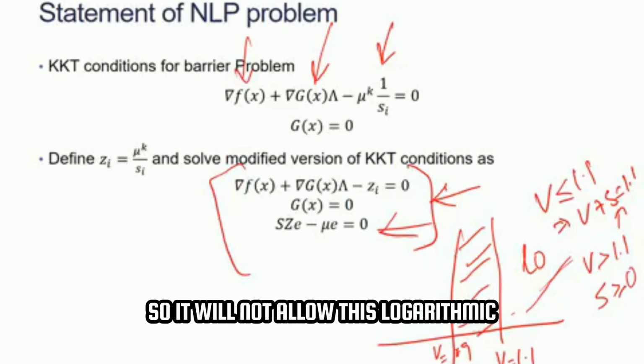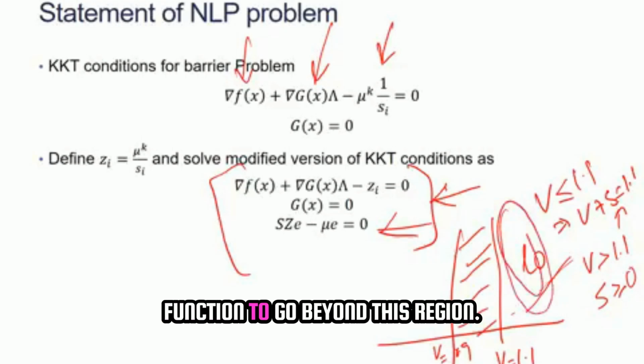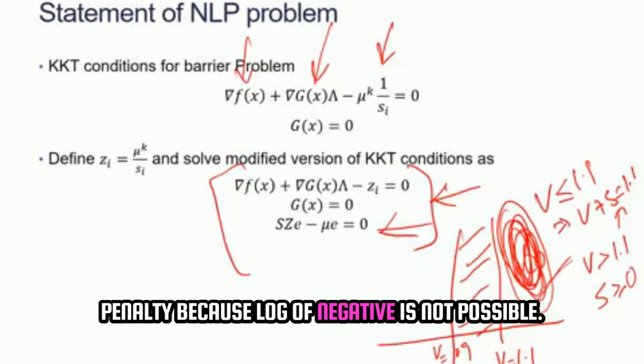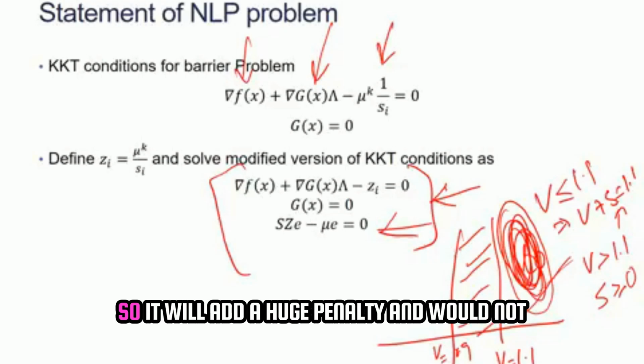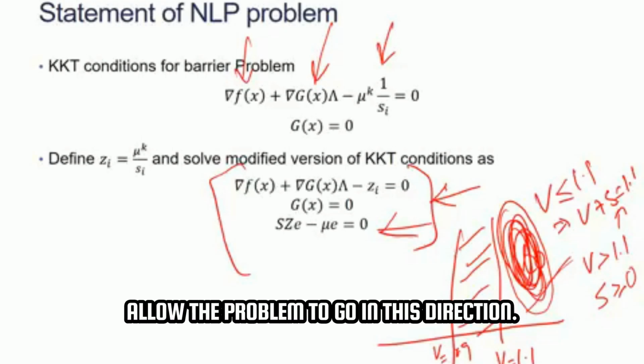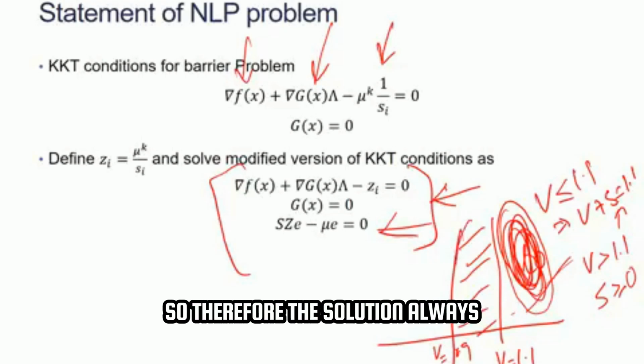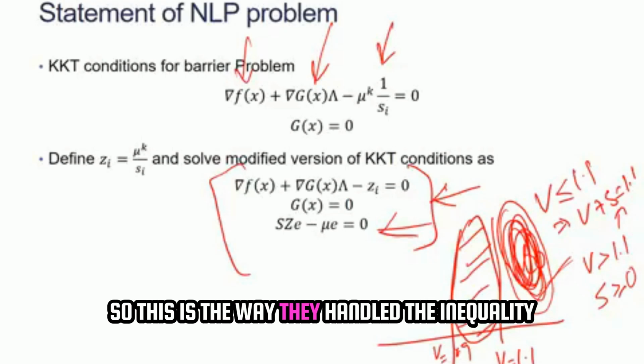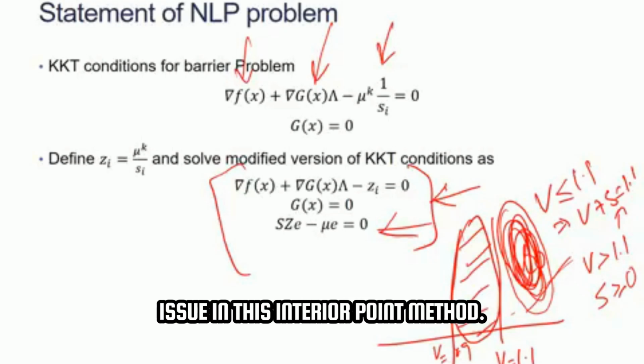So it will not allow this logarithmic function to go beyond this region. It will be adding a huge penalty, because log of a negative is not possible. So it will add a huge penalty and would not allow the problem to go in this direction. Therefore the solution always remains within this region. So this is the way they handled the inequality issue in this interior point method.